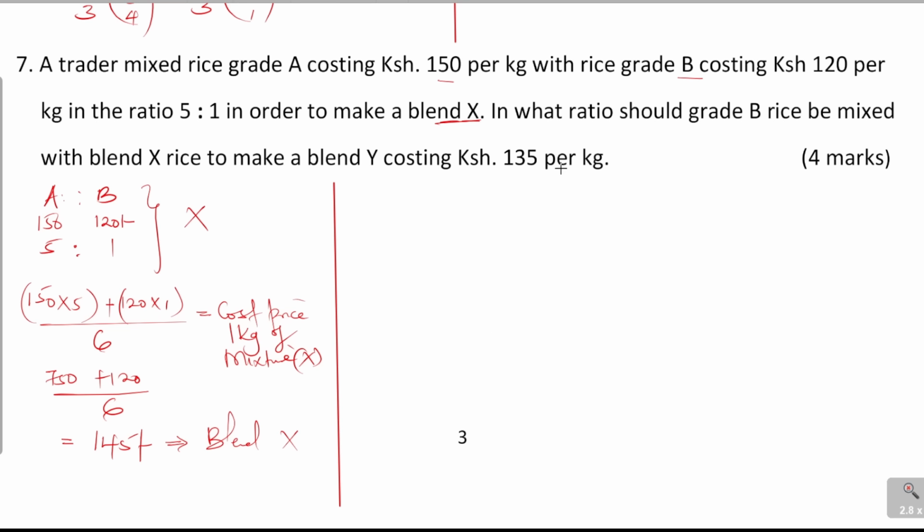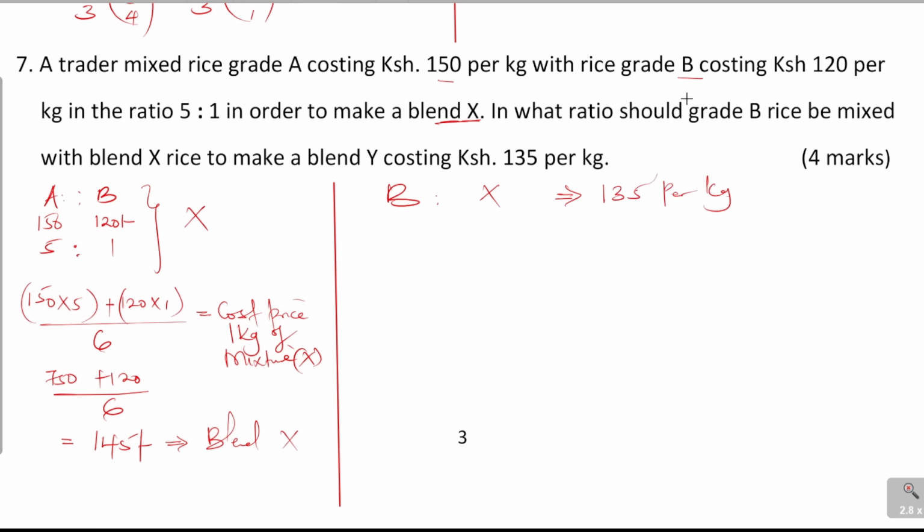Then in the other statement, you are being asked in what ratio should grade B be mixed with blend X in order to make blend Y, which will cost 135 per kg.